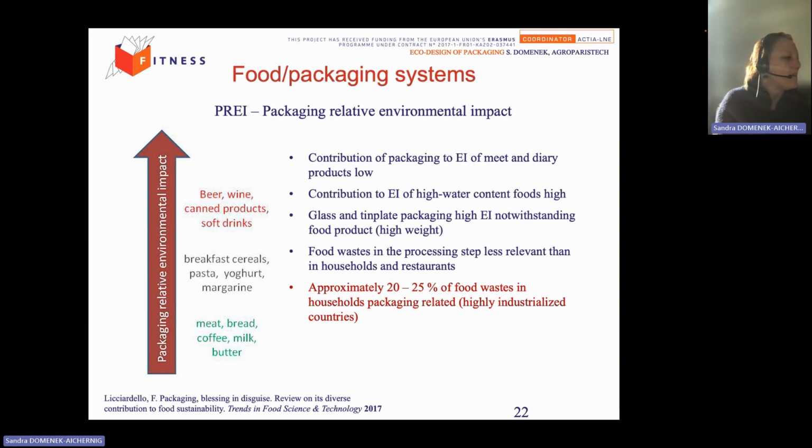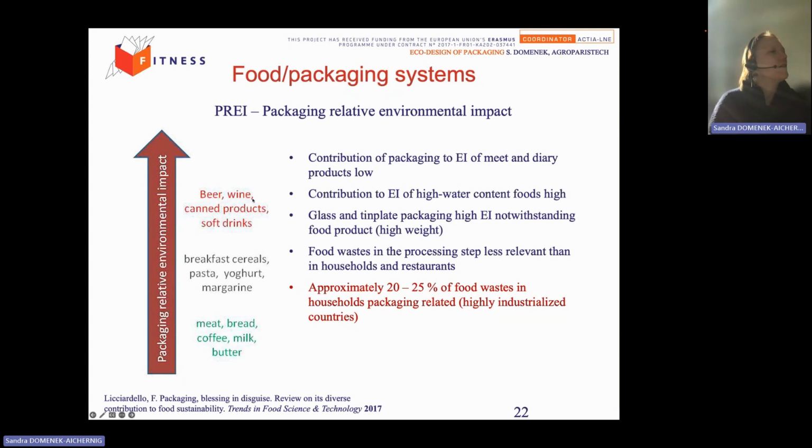So in those cases, it can be interesting to have a packaging with high technicity, which may have in itself a high environmental impact. But when it helps to protect this food very efficiently, then the overall environmental impact of the system can be lower than when you are doing underpacking.